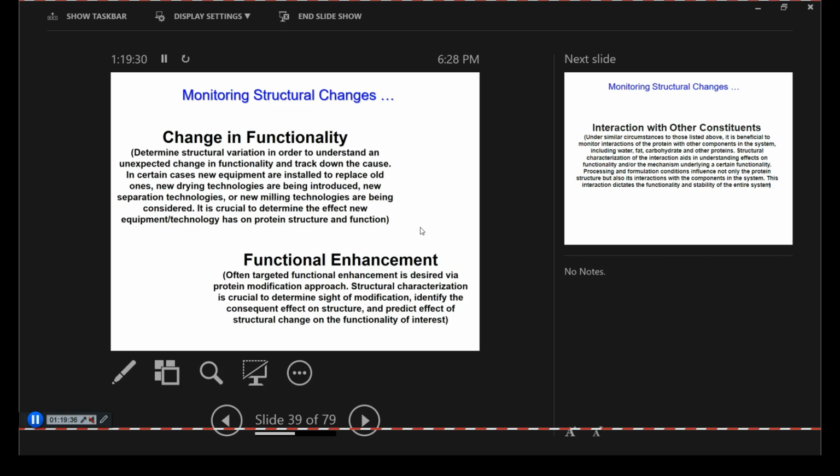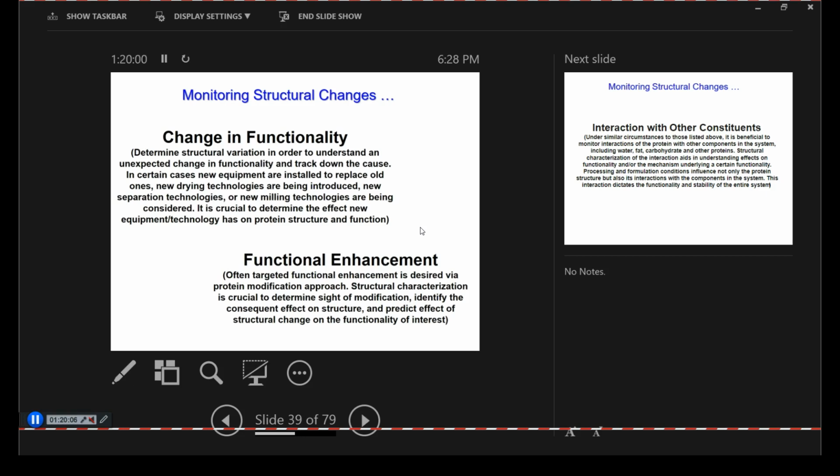Change in functionality can happen during processing. Why? Because in industry, they install new drying technologies or drying apparatus, new cooking equipment. So once they change from one equipment to another, it might impact the functionality of the product that is being produced.